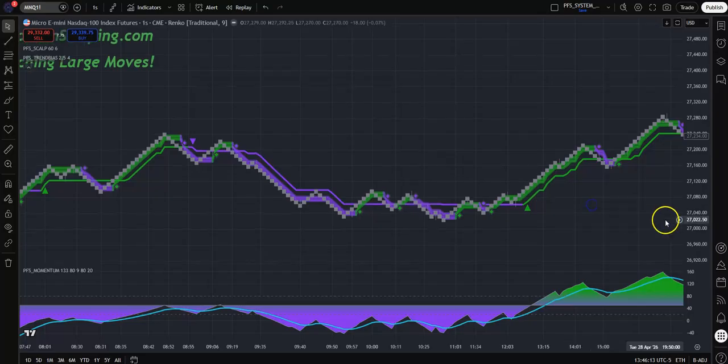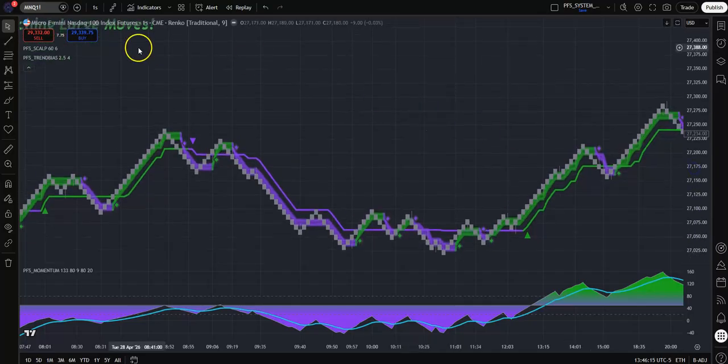Actually, let me blow this up a bit. And let's get a box on here. So here is where we get the cross. And from that point forward, we are now plotting momentum above the center line. So center line is neutral, below it's negative, above it's positive.